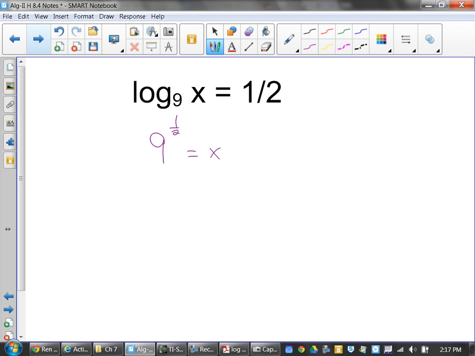Square root. What's the square root of 9? See how you're able to set up the problem without using your calculator, because you won't be using calculators on these. There will be a time when you will have to use a calculator, but for stuff like this, you won't be using your calculator.